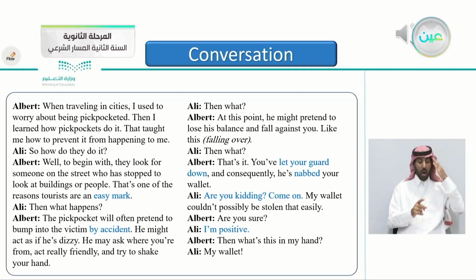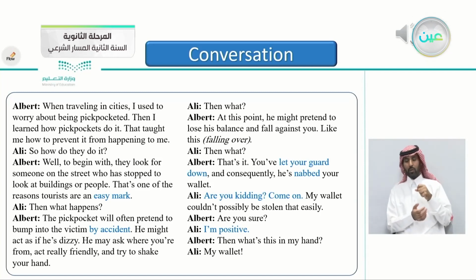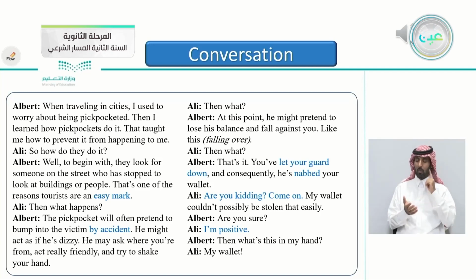He might act as if he's dizzy. He may ask you where you're from, act really friendly, and try to shake your hand. Then what? At this point, he might pretend to lose his balance and fall against you. Like this. Then what? That's it. You've let your guard down, and consequently, he's nabbed your wallet. Are you kidding? Come on, my wallet couldn't possibly be stolen that easily. Are you sure? I'm positive. Then what's this in my hand? My wallet.